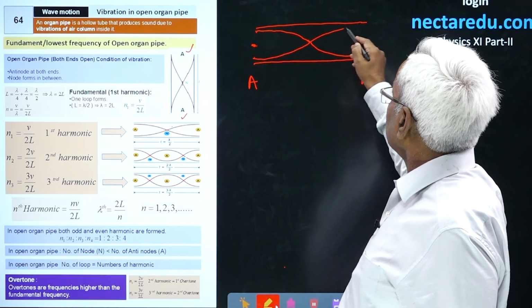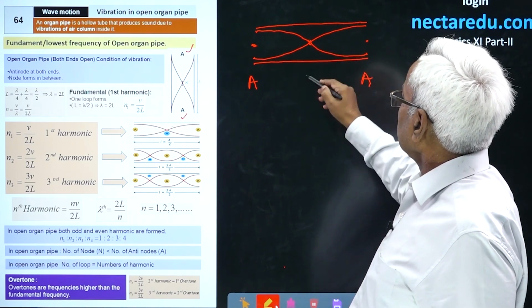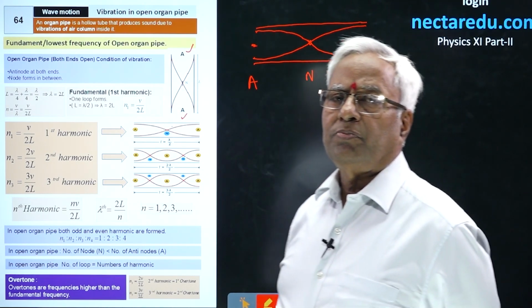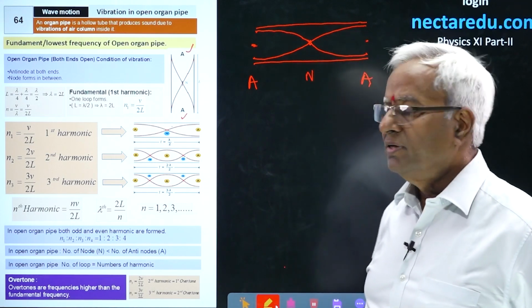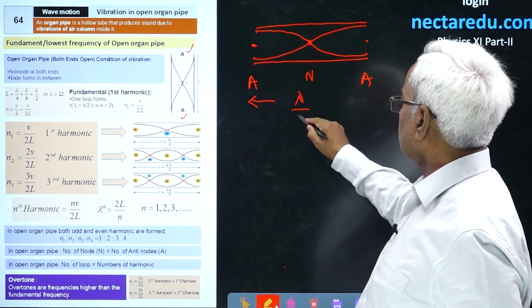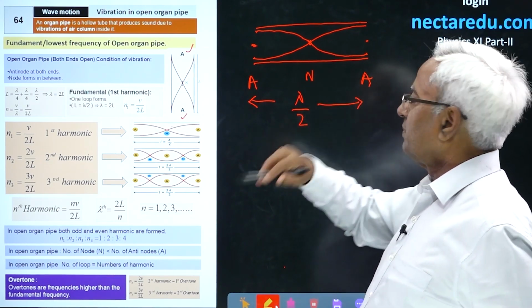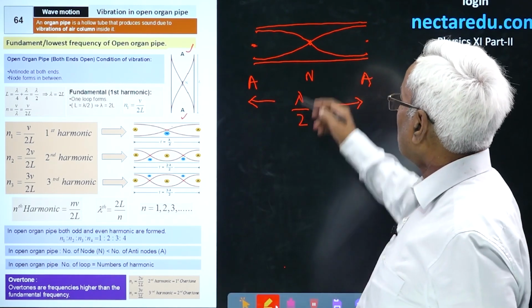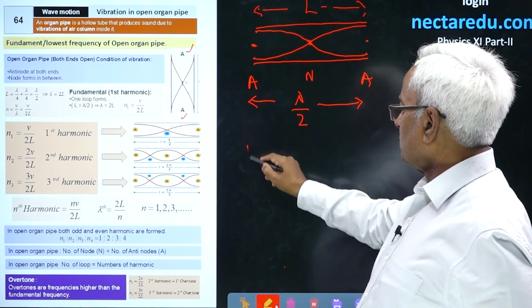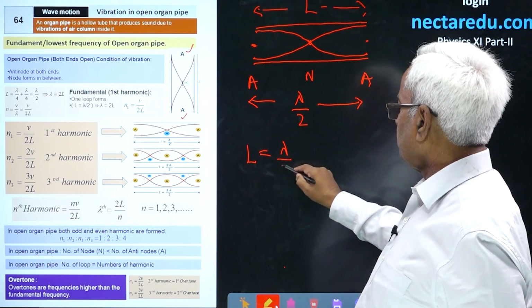That way you could see here that it is going to be the minimum possibility, and the frequency that is going to be produced at the minimum level here is, in this case only, the distance between two antinodes is equal to lambda by 2, and the whole length, if we suppose equal to L, then it is going to be lambda by 2.